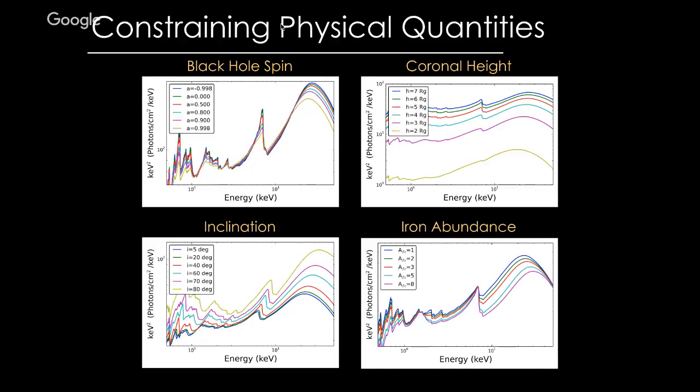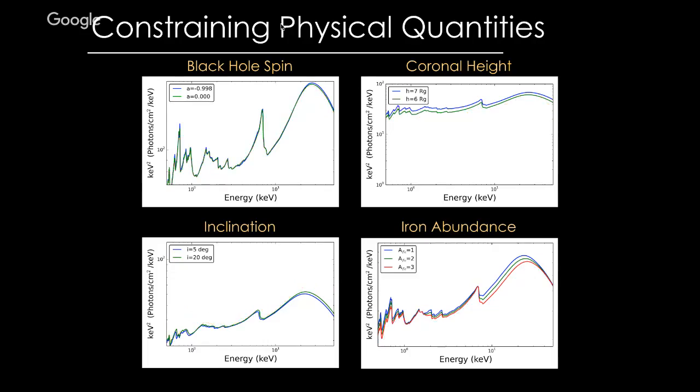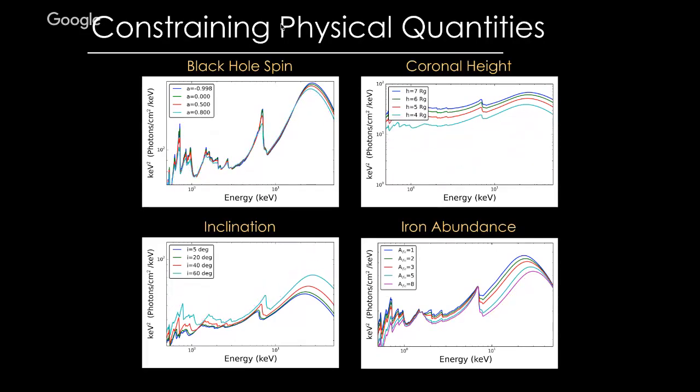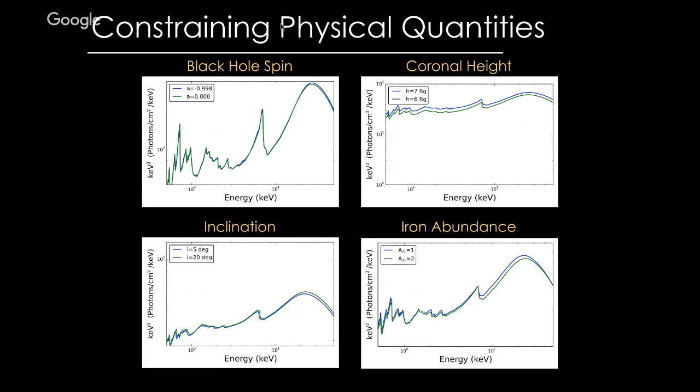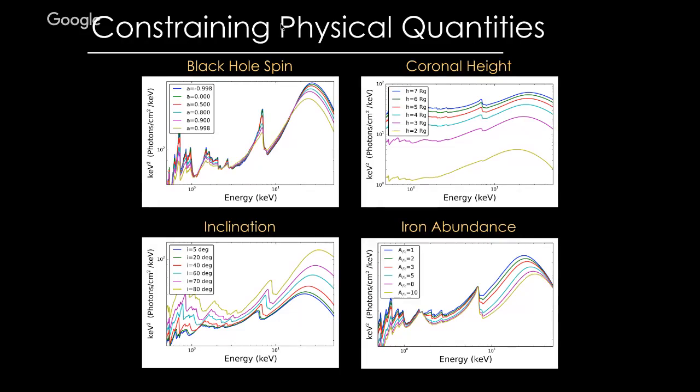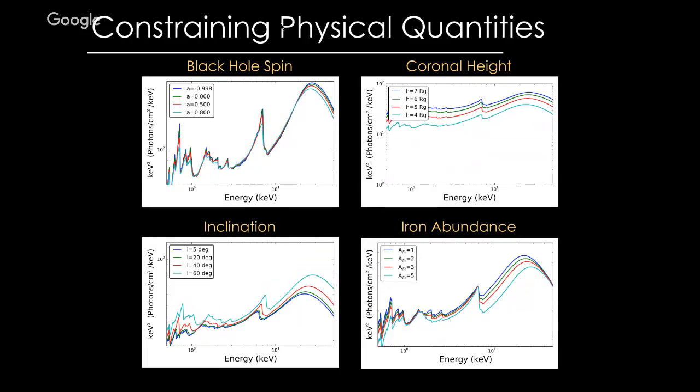And that radiation is also affected by relativistic effects because you can have beaming of the photons that go towards the disk. So the closer you place this corona, the more beaming, it acts like a magnifying glass. It just focuses all the radiation in a tiny region very close to the black hole. So you see when H is small, you see this extreme blurring of the spectrum.